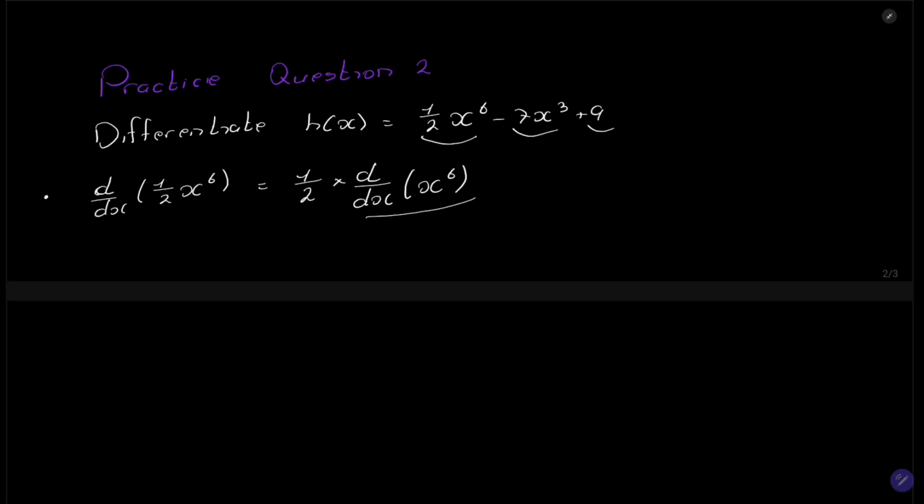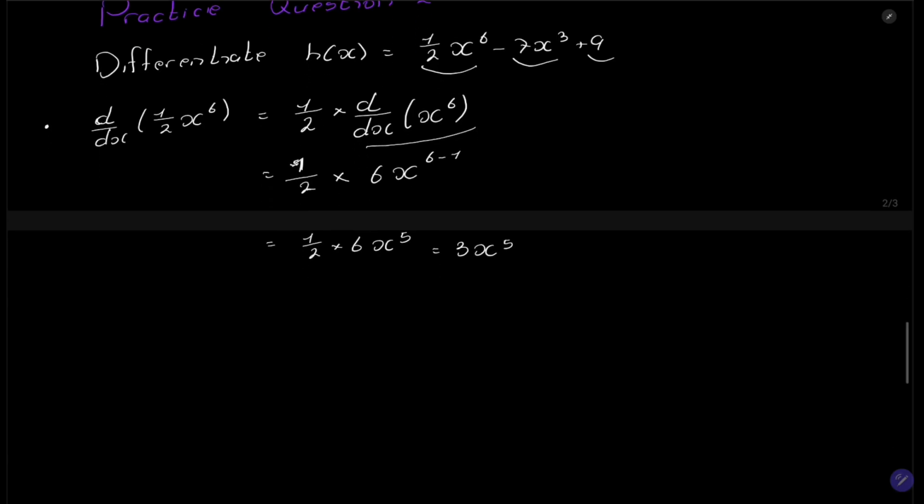Now, using the power rule on this term, we have half times 6x to the power 6 minus 1, which gives us half times 6 times x to the power 5, which then gives us 3x to the power 5.